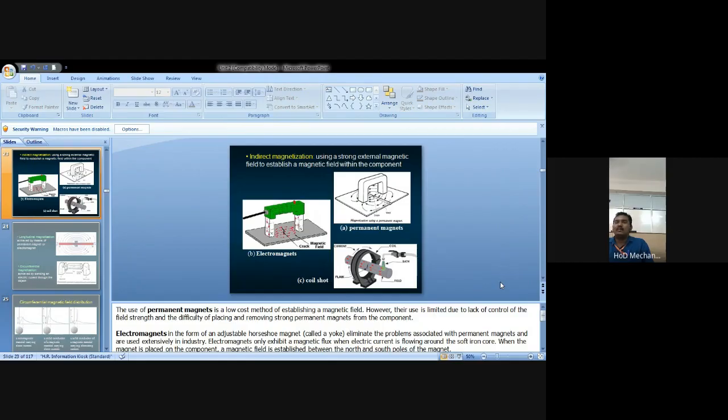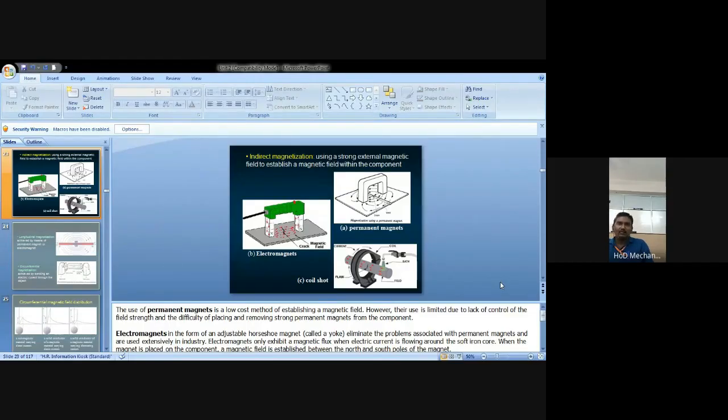This method is low cost. However, its use is limited due to the lack of control of the field strength and the difficulty of placing and removing the strong permanent magnet from the component. So that is one of the drawbacks of the permanent magnet.